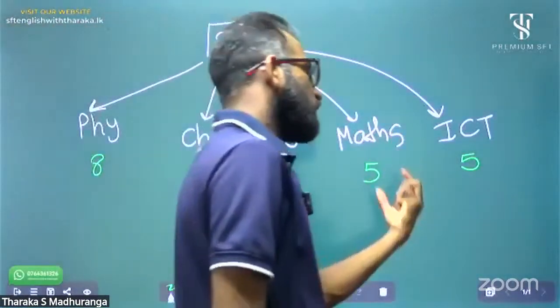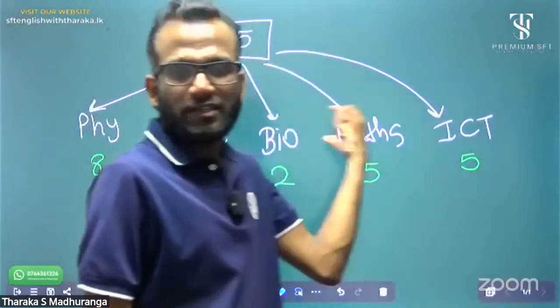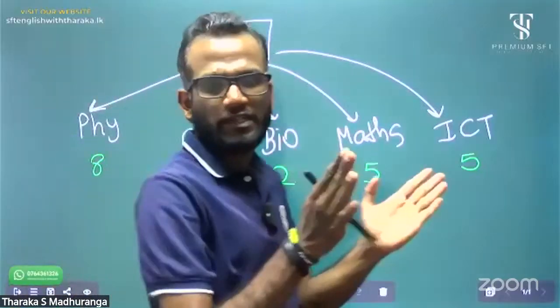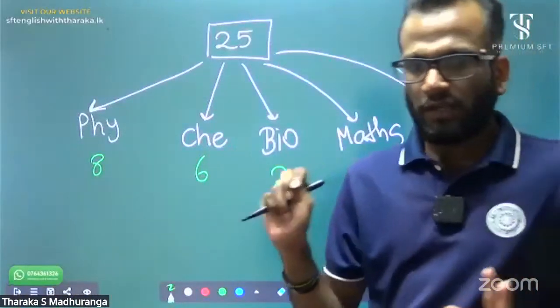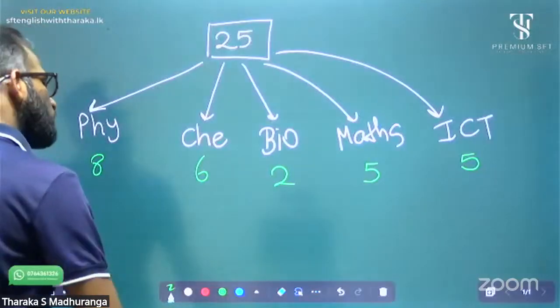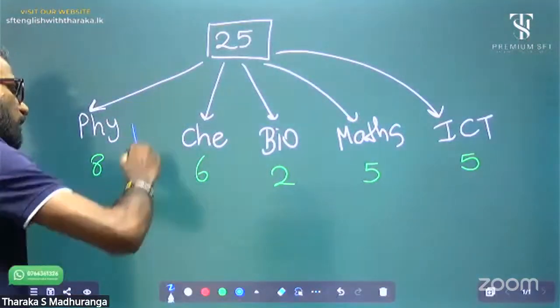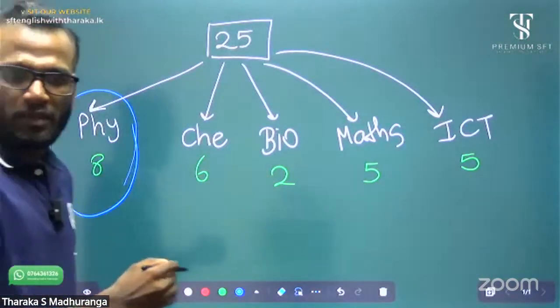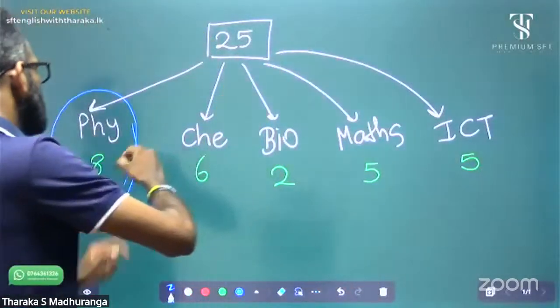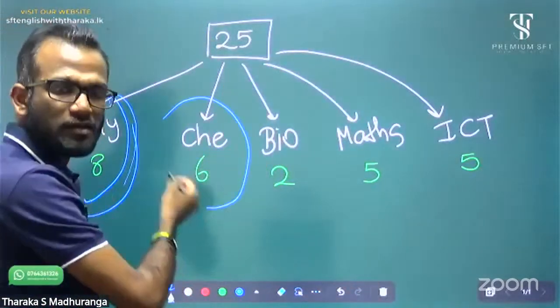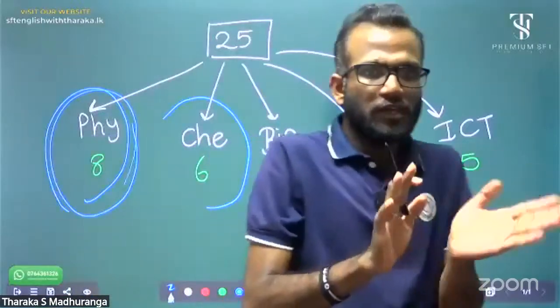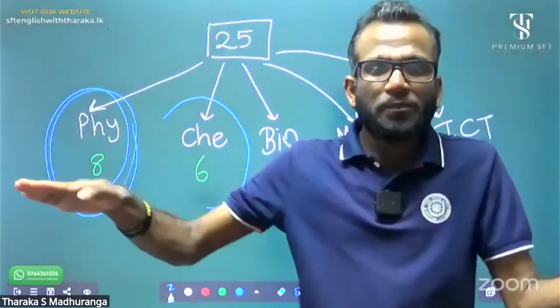We have 5 math lessons and 5 ICT lessons. In the biology part, we have a very small section, only two lessons. What are we doing now? We are doing the physics part. We are not going to discuss the full physics part and then start chemistry. This is not the method. First, we have to make the foundation.